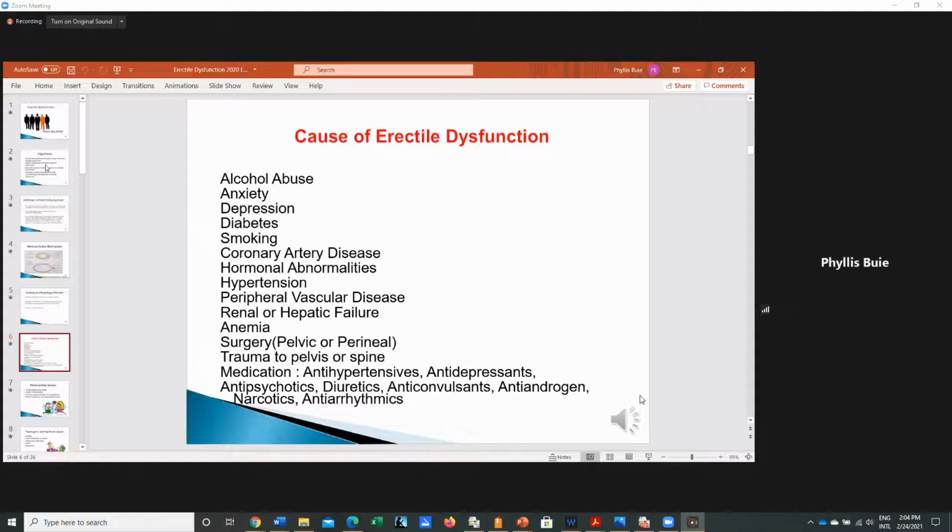So poor overall health can also contribute to erectile dysfunction, especially if there's any type of kidney disease or liver disease, prostate enlargement, like we talked about before, cholesterol levels too.